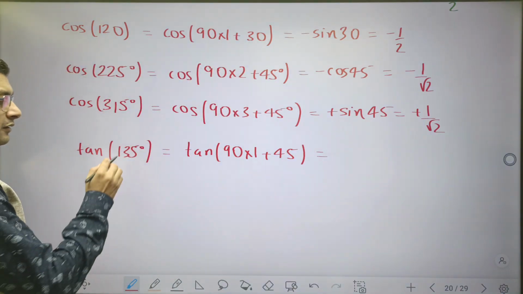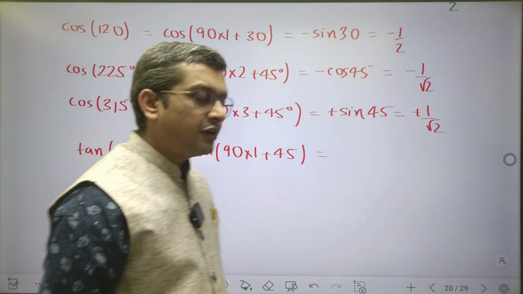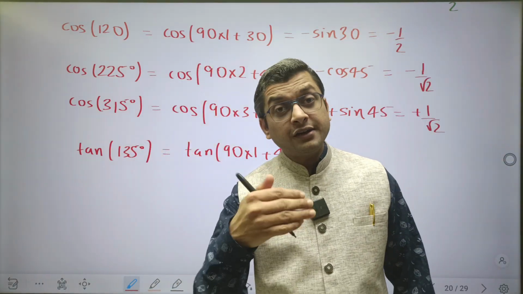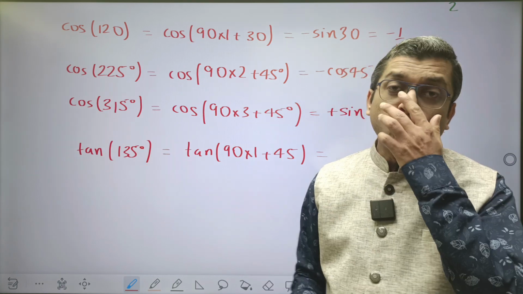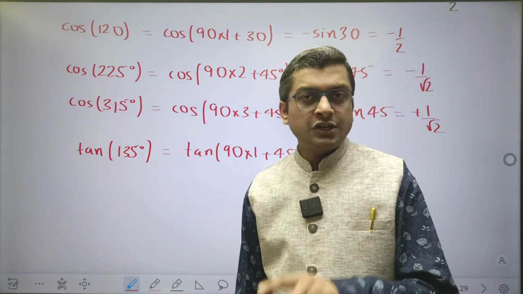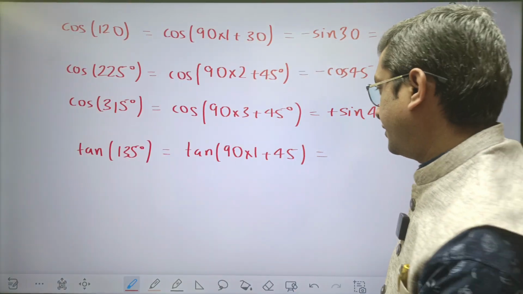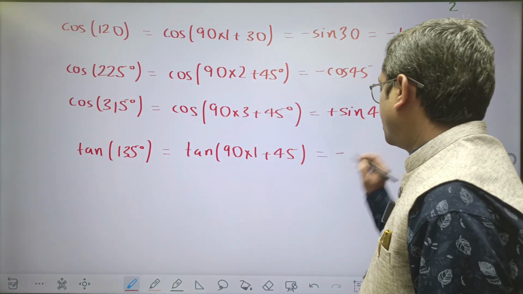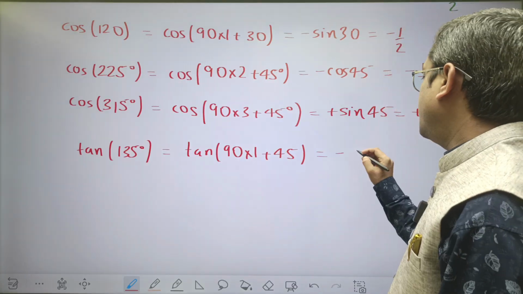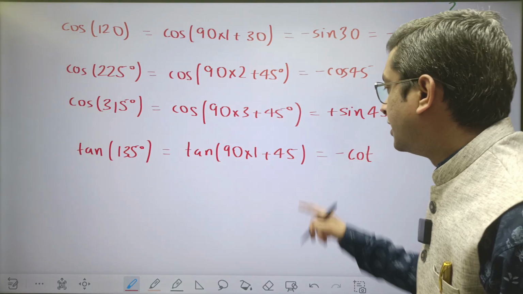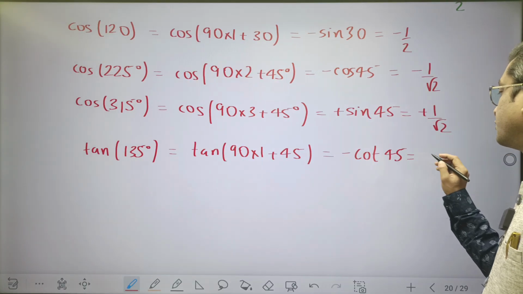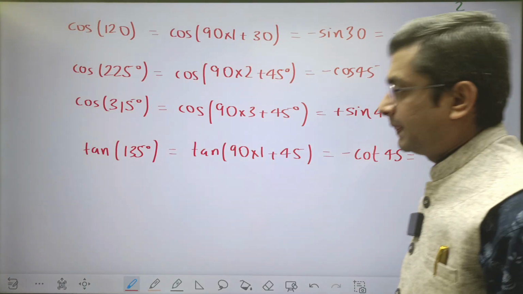Since 135 degrees lies in the second quadrant, because the angle is greater than 90 degrees but less than 180 degrees, and in the second quadrant tan is negative because tan is positive in the third and first quadrants, put a negative sign here. Now it is an odd multiplier, so tan will become cot, isn't it? And then 45. And cot 45 is 1. So this will be minus 1.